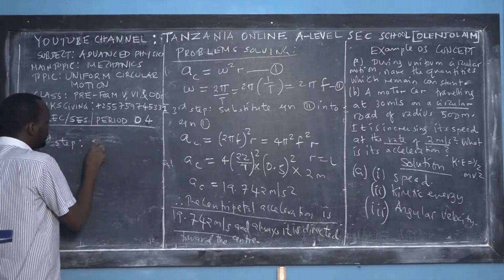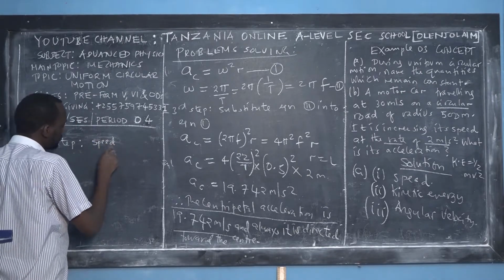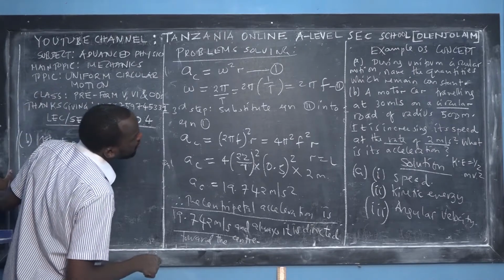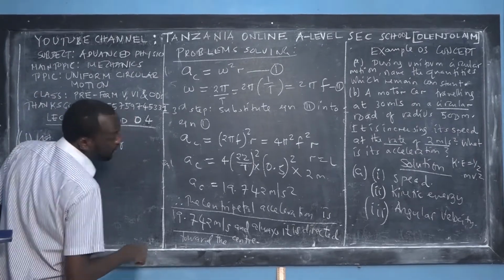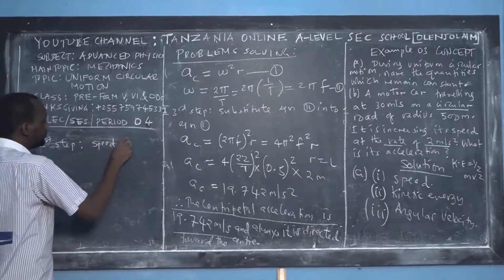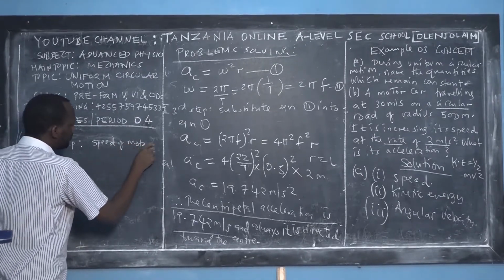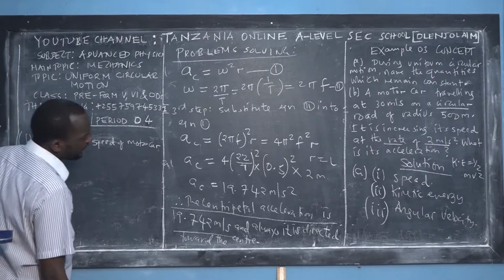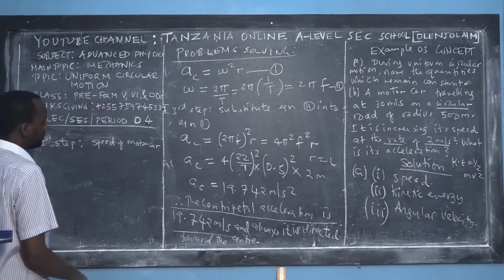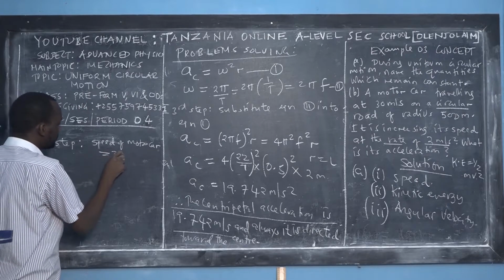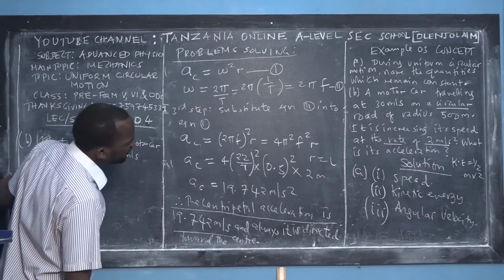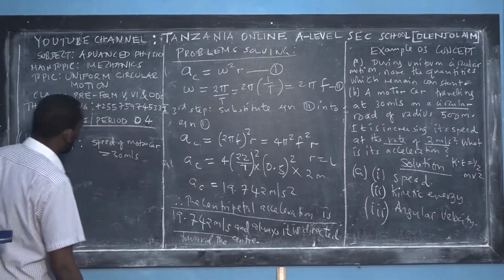So we are given the speed of the motor car, which is equal to 30 meters per second. And then we are given the radius.